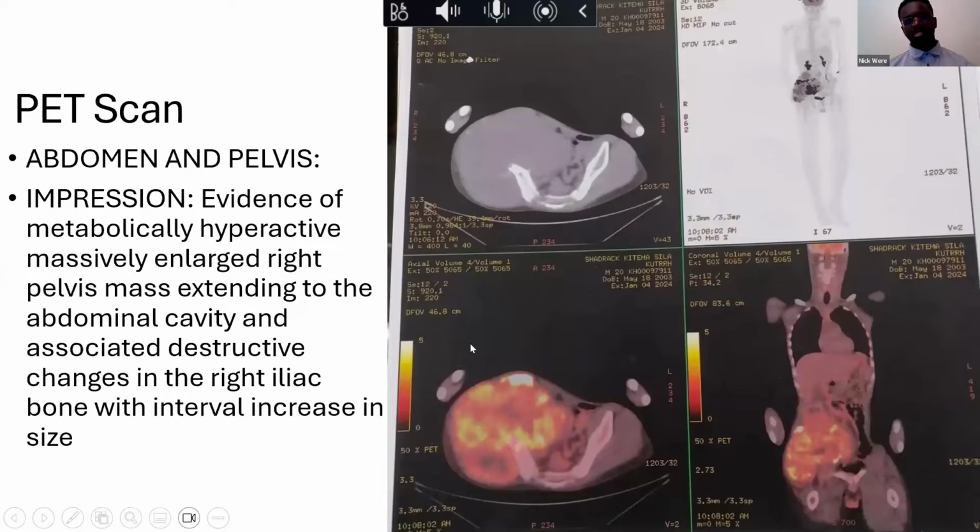This was a PET scan that was done with an impression of no obvious evidence of FDG uptake in any other part of the body. And it was localized to the right iliac region.